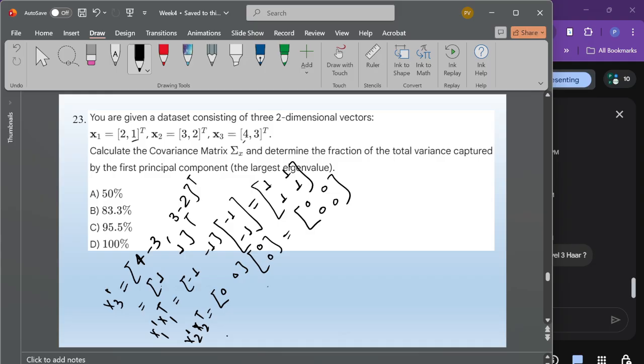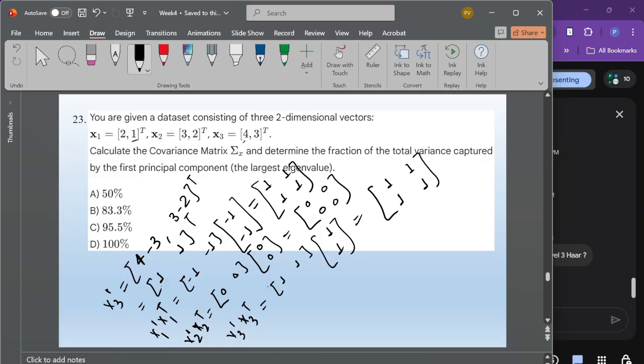Now next one is x3 dash times x3 dash transpose. This value is 1 1 and the transpose will be 1 1, so the matrix is 1 1 1 1.